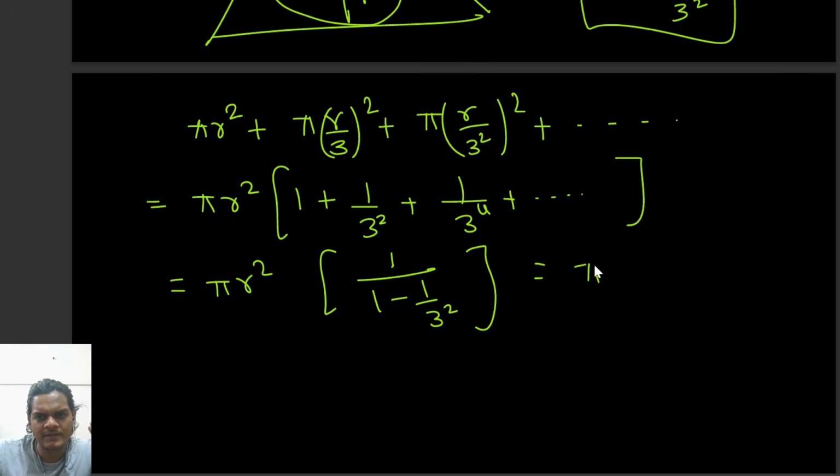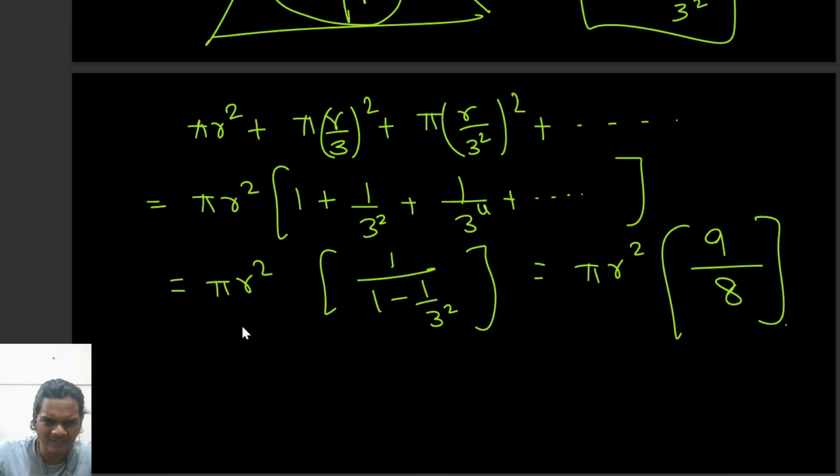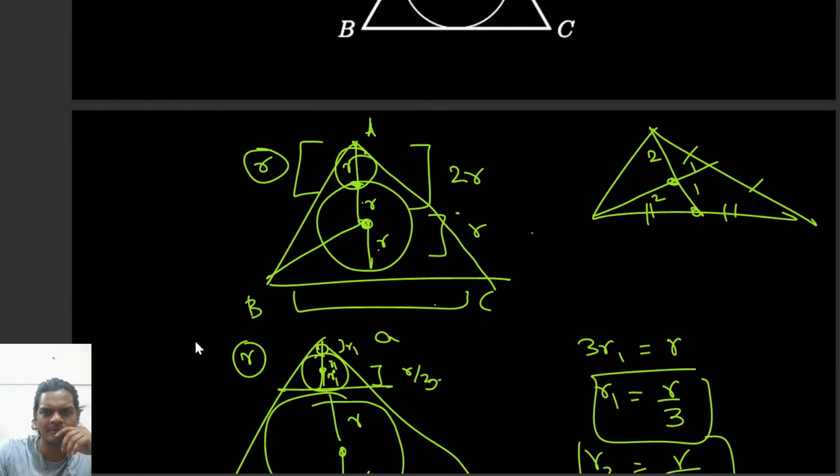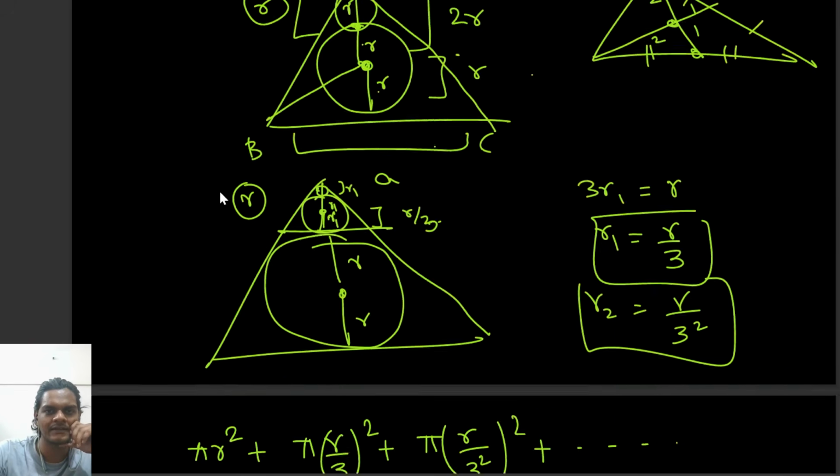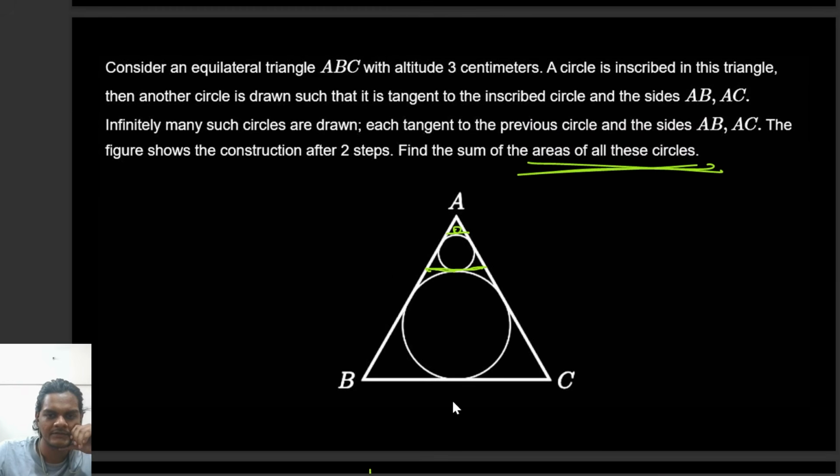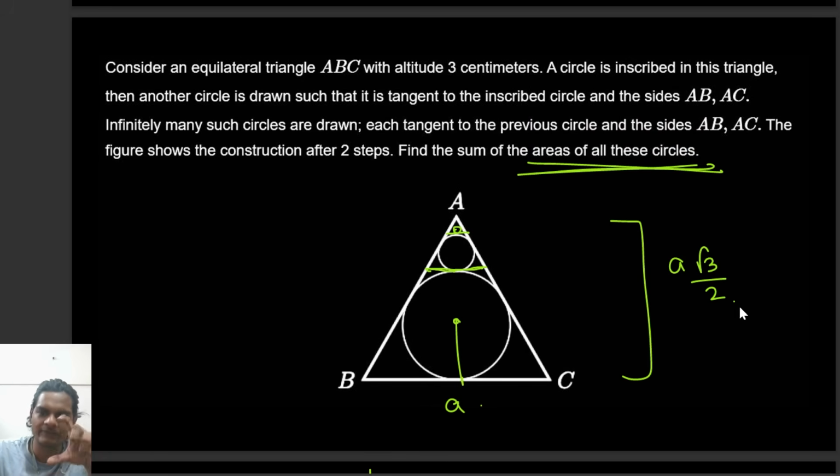So this happens to be pi R square, suppose it's 9 by 8. Now what is this R? We want to find R first of all. If the side length of an equilateral triangle is a, then the height is a root 3 by 2, and then this radius happens to be 1/3 of the height.